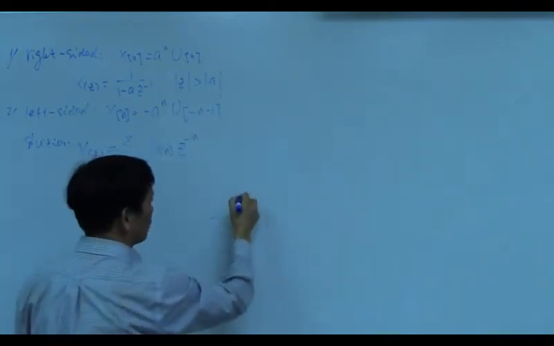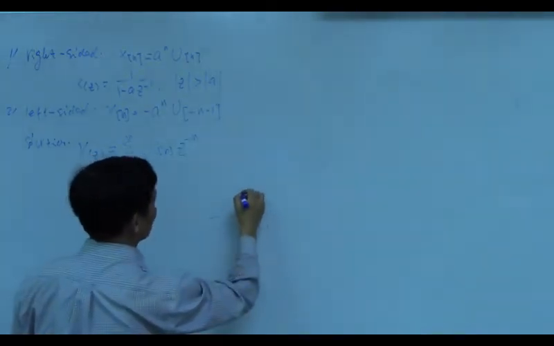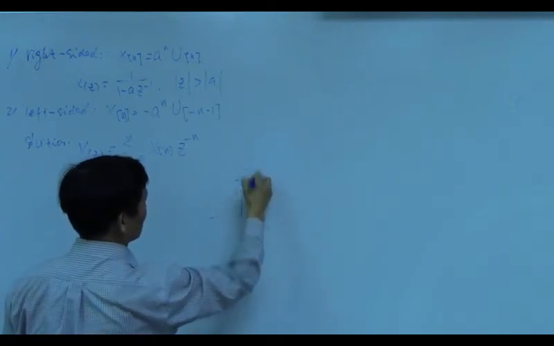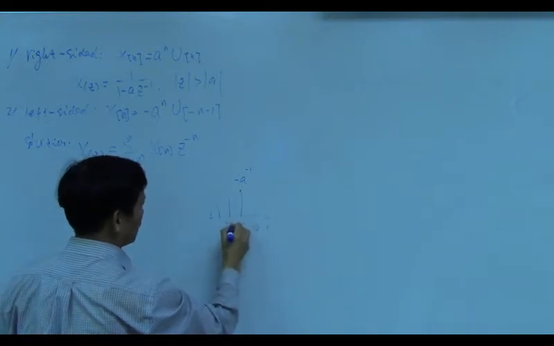So we only have n equals negative 1. So this one equals negative a to the negative 1, and then the next like this. So negative 1, negative 2, all the way to the left. So this is the left-sided signal. Right?